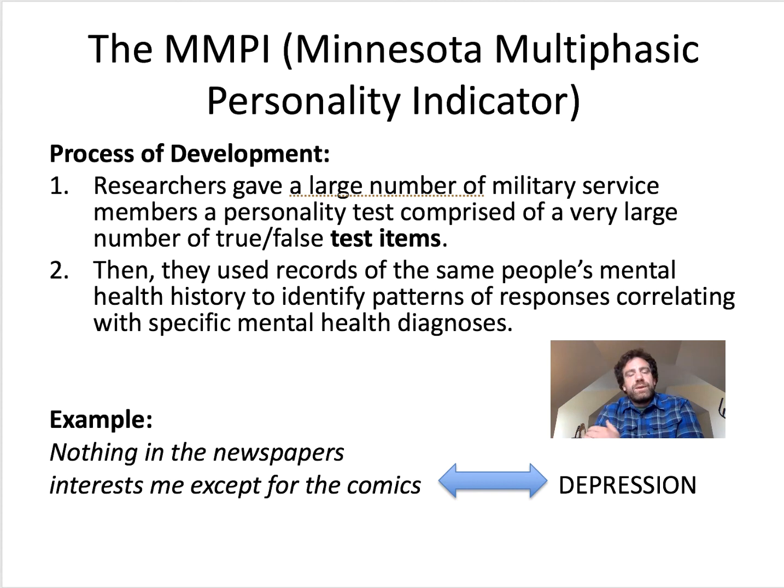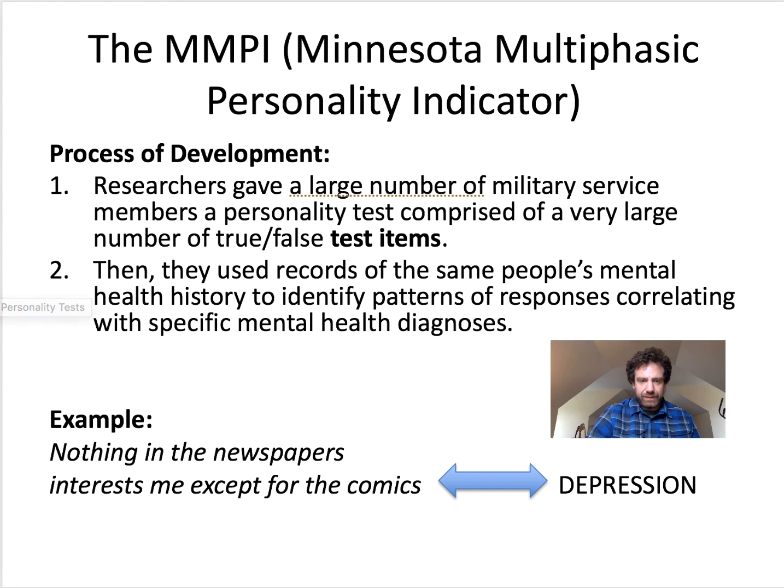The first step was the researchers wrote up a long standardized personality test made up of many individual questions, which in the context of psychological testing, a question is often referred to as a test item. So if a test had 50 questions, we could say it had 50 items on it. So the researchers made up a large number of test questions, or true-false.